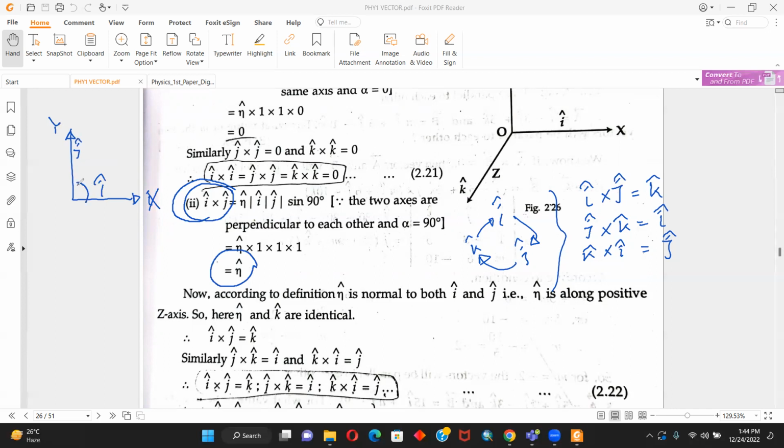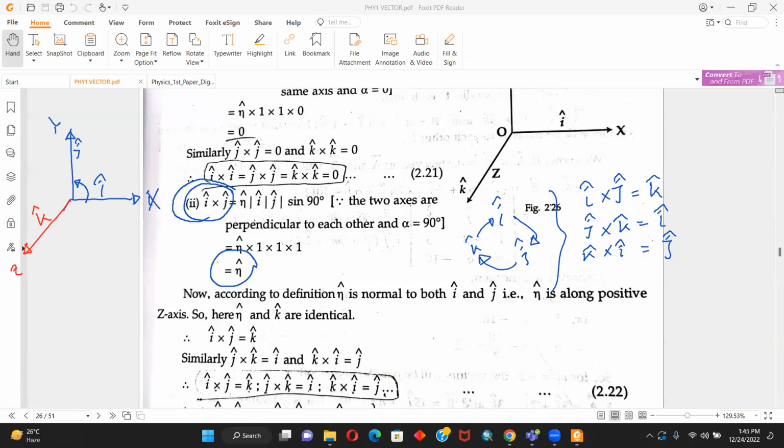If we work it along this way, we will get it exactly upwards or exactly outwards, you could say. This could be represented by the z axis. So this direction represents the z axis, and along the z axis we have a unit vector called k cap. Is it clear up until now?